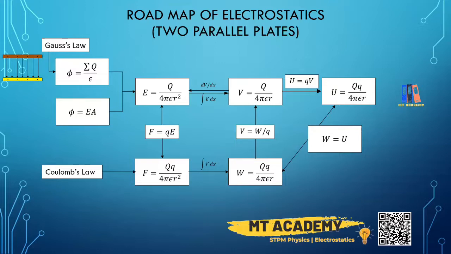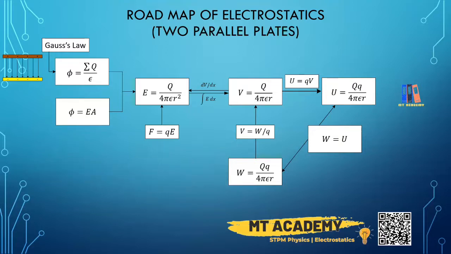We need to be sure that Coulomb's law doesn't apply here, since Coulomb's law only talks about the electrostatic force between point charges. So we remove it from the roadmap and do a revision of the overall roadmap again.